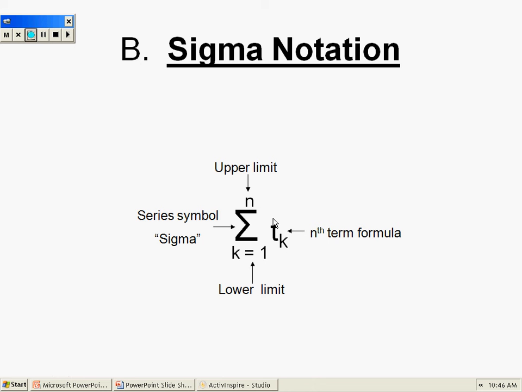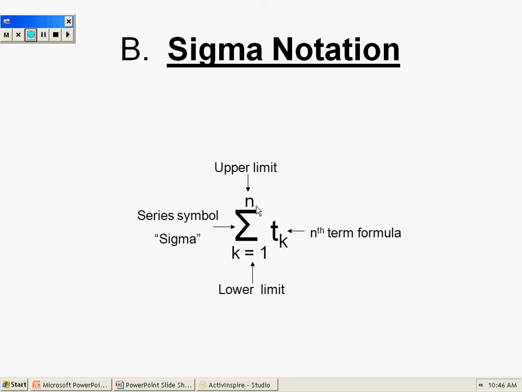So now it was asked earlier, how do you know where to start and where to begin? Are we starting with the first term and ending on the fifth? Well, that's what the top and bottom numbers are telling you. The bottom number is telling you what term we're going to start with. The top number tells you what we're going to end with.